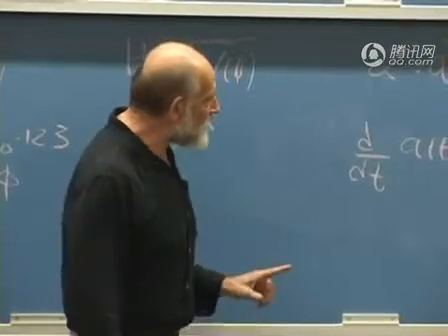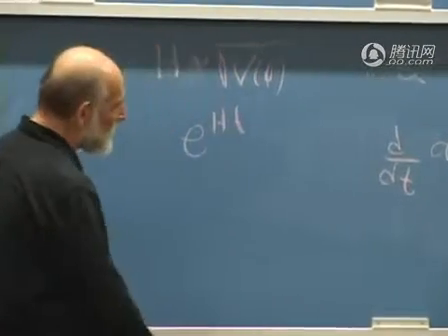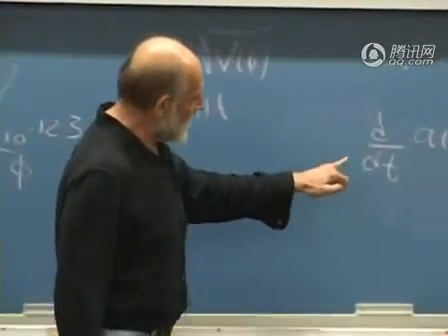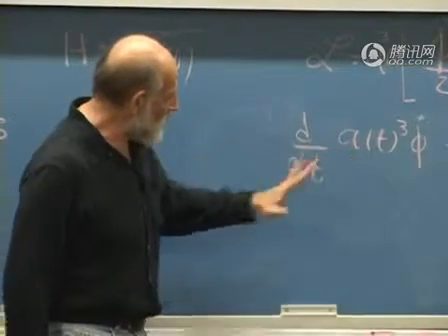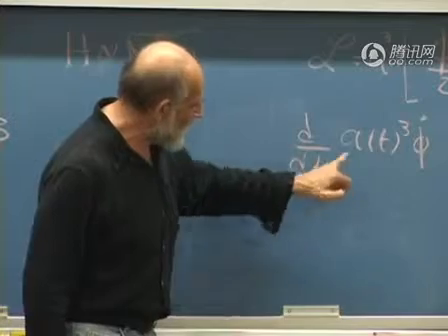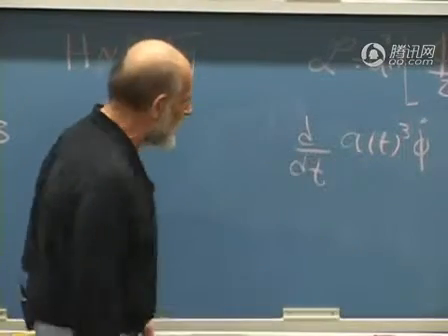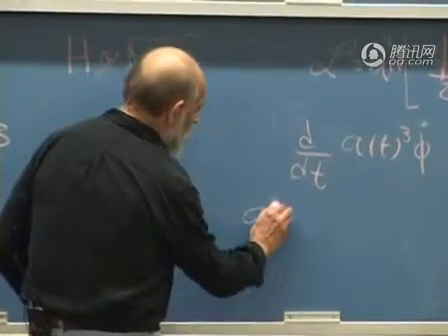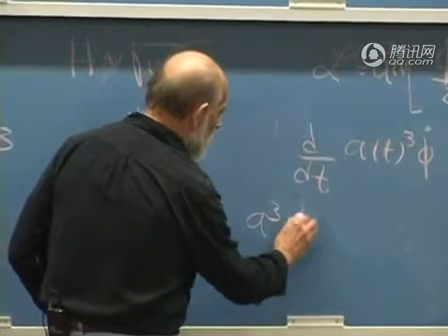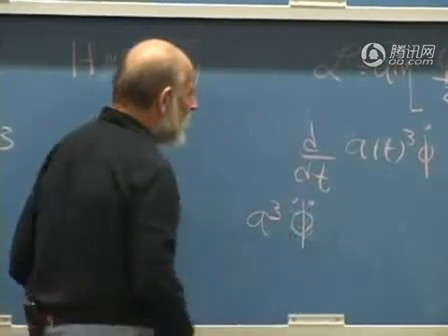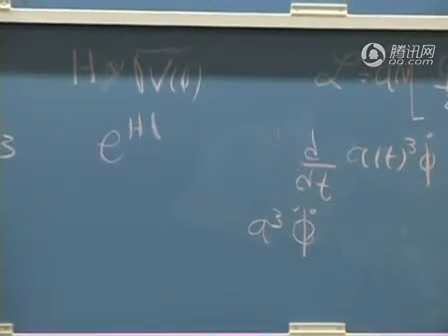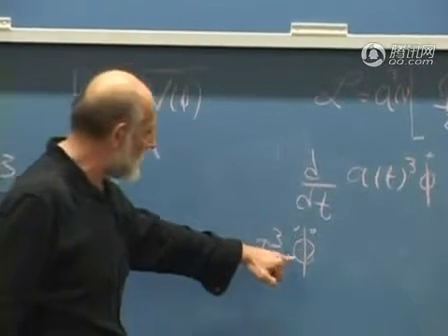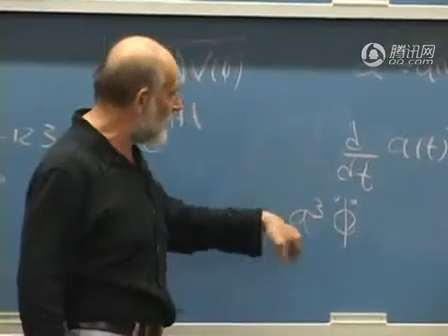But a is not constant with time, so we have a little bit of work to do to take this derivative. To take the derivative, what is the derivative? Well, the first term, the d by dt, acts on the phi dot, and that gives us a cubed times phi double dot, which is like the acceleration. Not the acceleration of the expansion of the universe, but just the acceleration of this field phi, the second time derivative of phi.